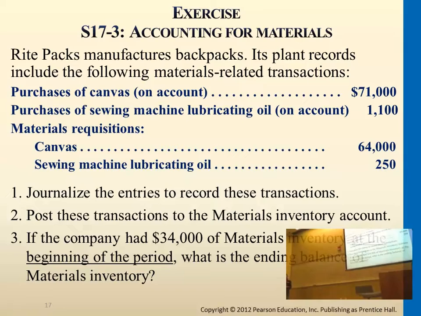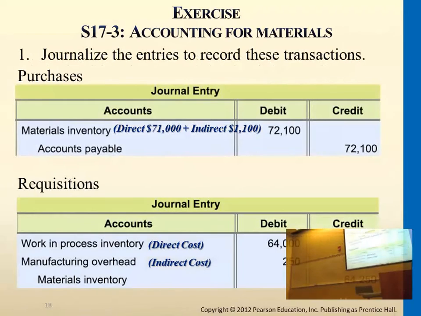On the debit side, we would have the $64,000 for canvas, work in process, and the remaining oil costs, $250 for manufacturing overhead. Add them together, in total, we're reducing materials inventory by $64,250 altogether. So the second entry looks like this.